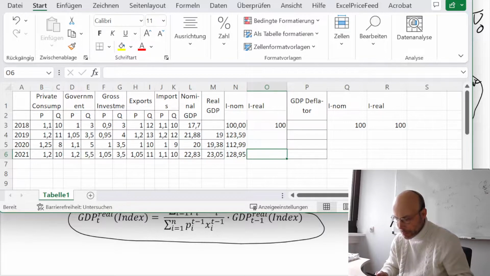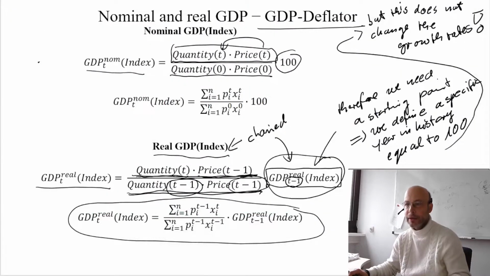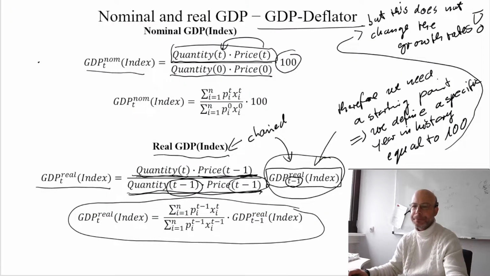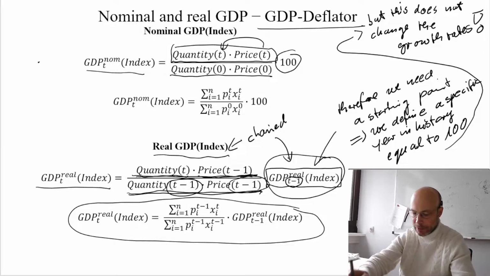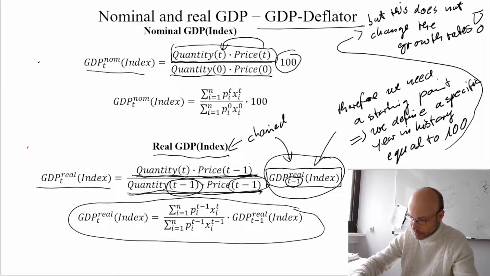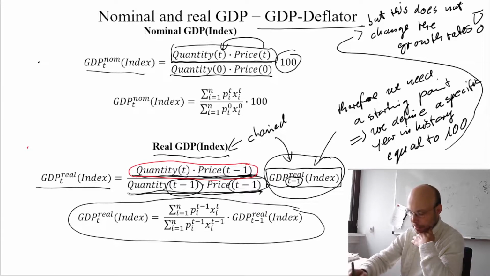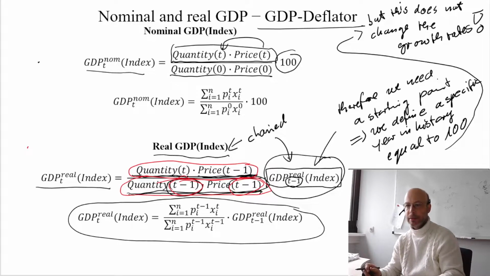Then the real index, and there we have to go to our formula. So let's redo this. It is of today, in our case the first is 2019, divided by the nominal GDP of the former period, so here T minus 1.